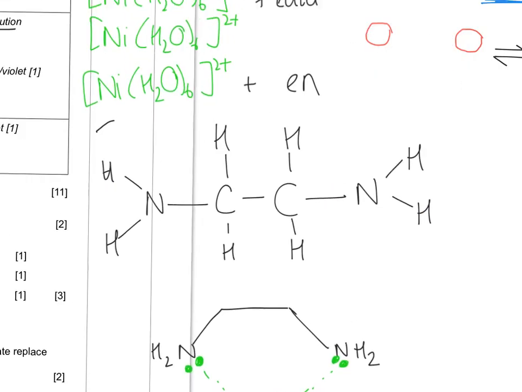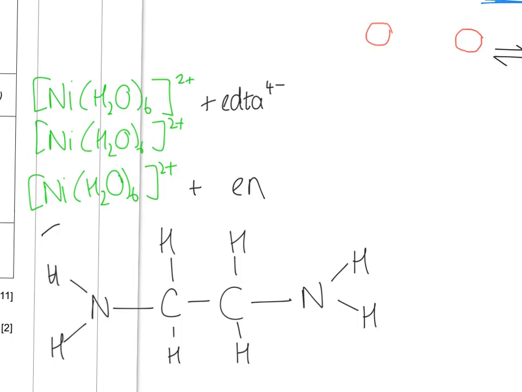And so going back to our equation up here, I add 3 1,2-diaminoethane ligands, and we just simplify that using the shorthand version en, a bit like EDTA, and we don't write the full name of it. And what that does is it replaces the 6 aqua ligands. The 3 en ligands are bidentate, so they coordinate in 2 positions.